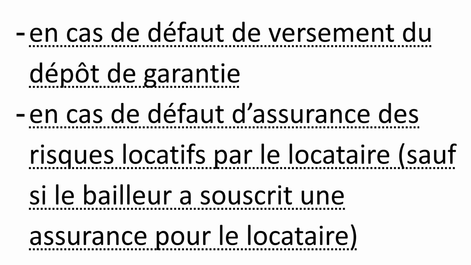So the same thing, if you don't have it, you can't have the accommodation. Sauf, and when you see sauf, it means except. Si le bailleur a souscrit une assurance pour le locataire. So if the owner has already paid for an insurance for the tenant, obviously you don't need to get one. Okay, so it is important to find out this before you sign your contract.